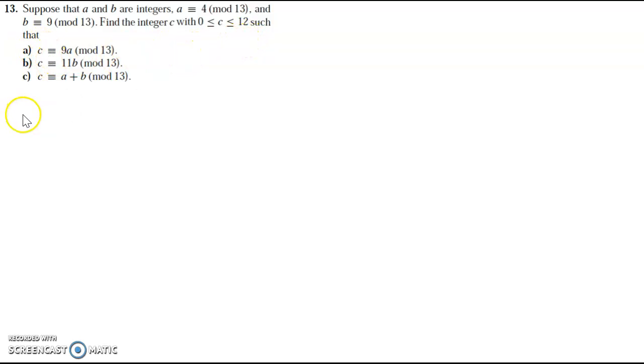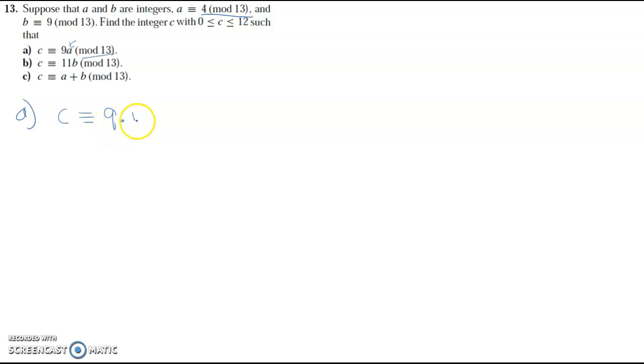So for A, C is congruent to B times A. A is 4 mod 13, and I'm going to plug that in, and we know by one of the corollaries in the book, this is going to be 9 times 4, mod 13.